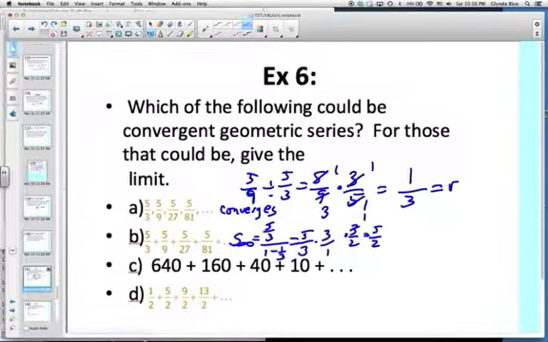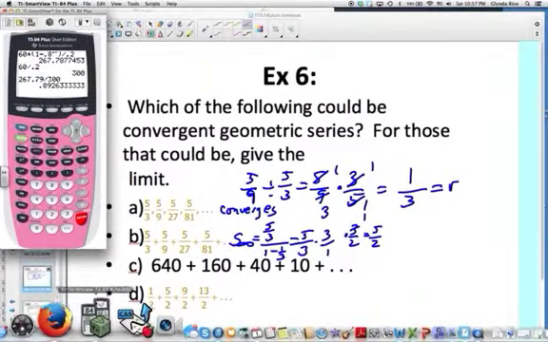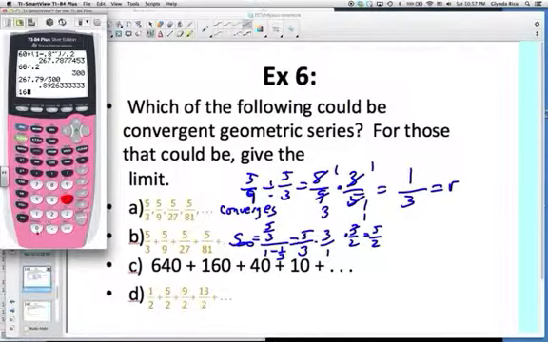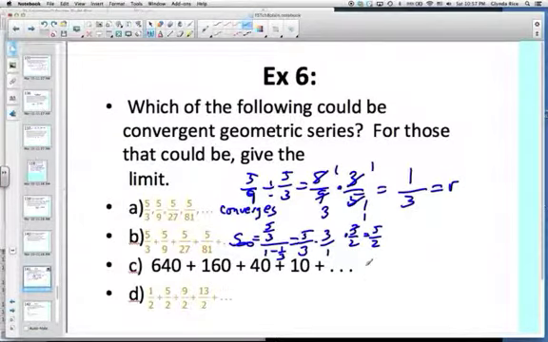Well, let's do 160 divided by 640. So R is 1/4. Because R is 1/4, which is less than 1, it converges.